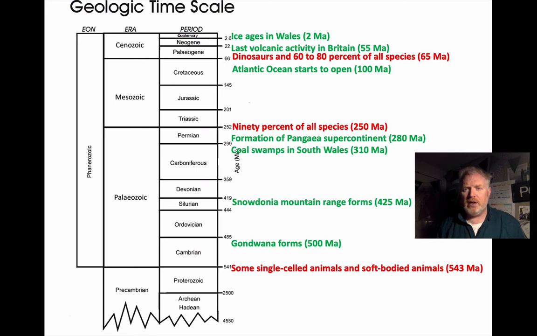Pangaea came together about 280 million years ago. And then started splitting up about 100 million years ago, with the Atlantic Ocean starting to open up. The last volcanic activity in Britain was about 55 million years ago, and 2 million years ago we had the start of ice ages here in Wales.